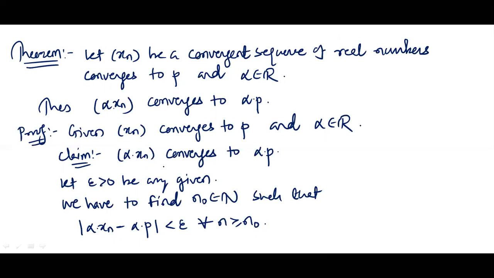We divide this proof into two cases. Case 1: if alpha is equal to 0, then the sequence alpha xn is a sequence whose terms are 0.